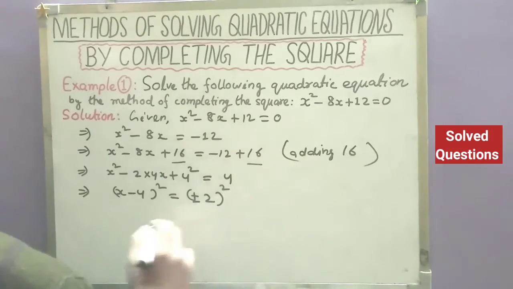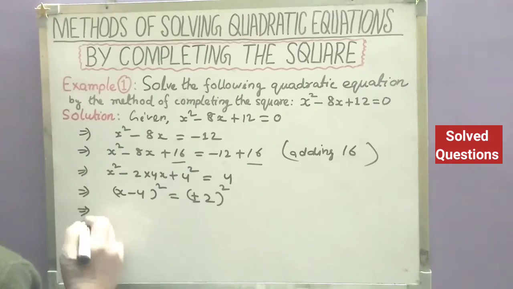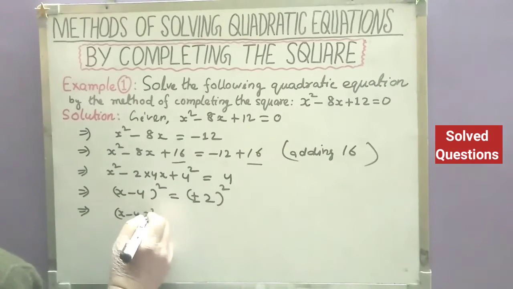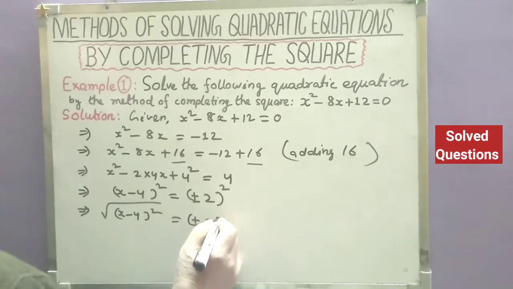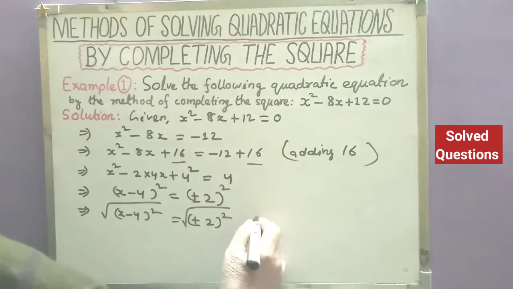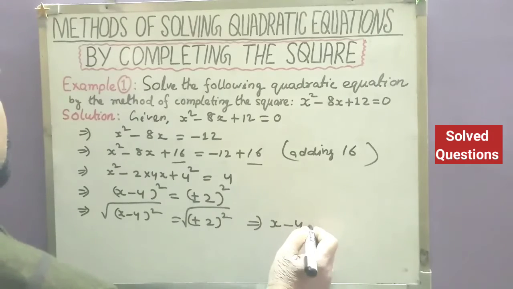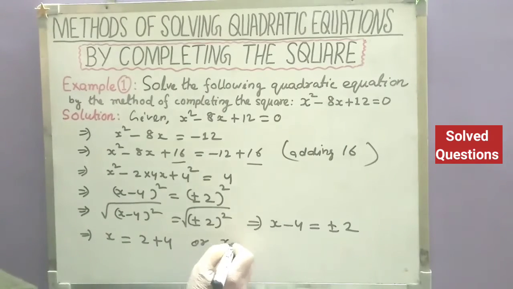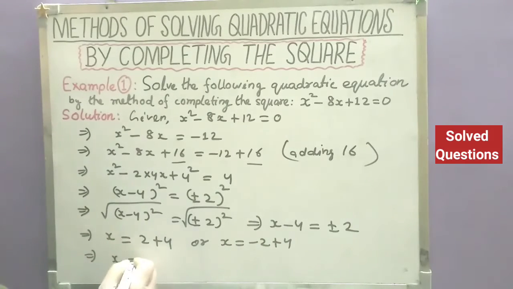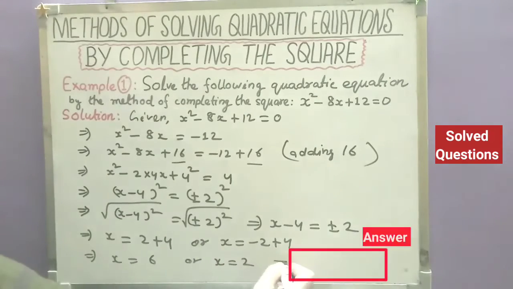Now taking square root of both sides, we have x minus 4 equal to plus minus 2. That implies that x equal to 2 plus 4 or x equal to minus 2 plus 4. That implies that x equal to 6 or x equal to 2.